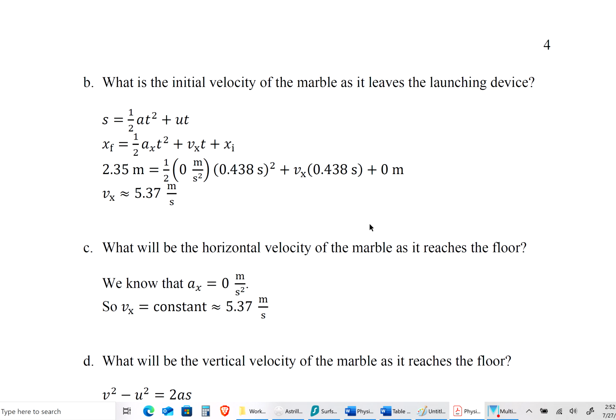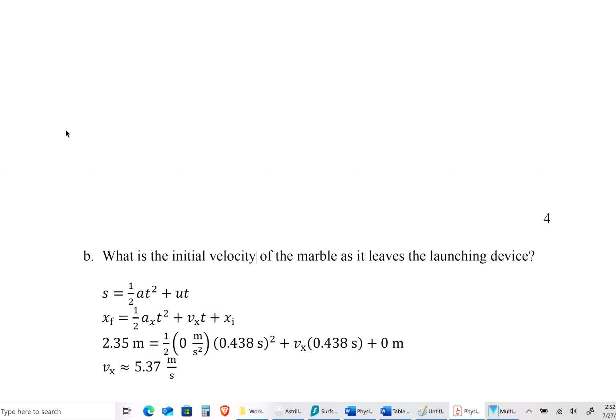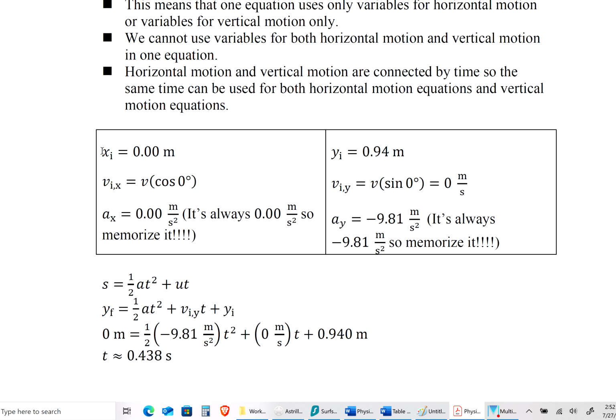Part B, what's the initial velocity of the marble as it leaves the launching device? So we want the velocity in the x direction. Okay, so if you want the velocity in the x direction, we're going to use these variables here. X initial is 0, V initial x is V cosine of 0 degrees, A sub x is 0.